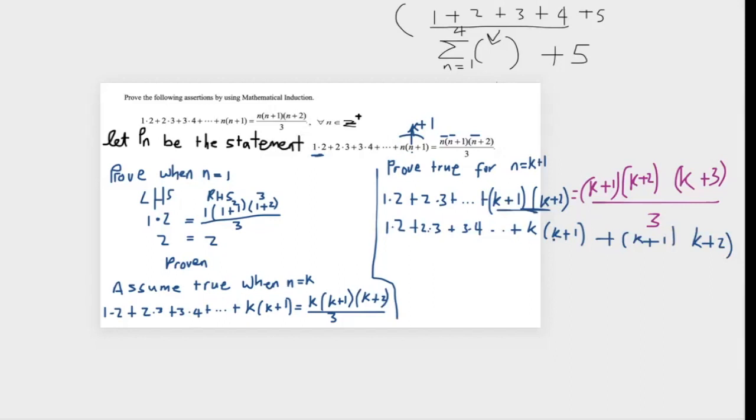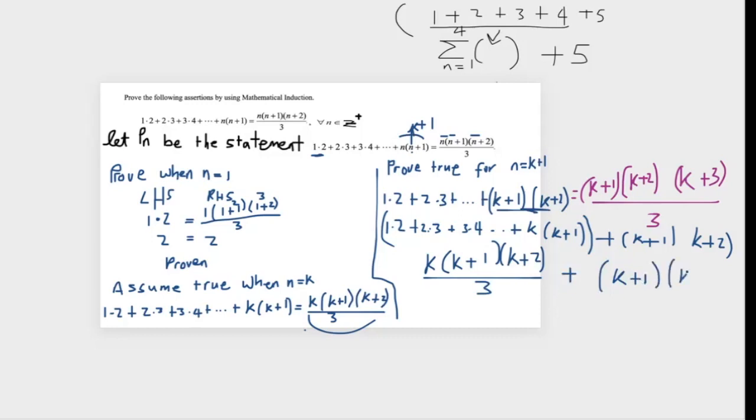So this portion that I have here is the same thing as the assumption, where the left is the same as the right, so I can replace right here with k times k plus 1, k plus 2 over 3. So that's coming from the assumption. Plus, I have my k plus 1 times my k plus 2.